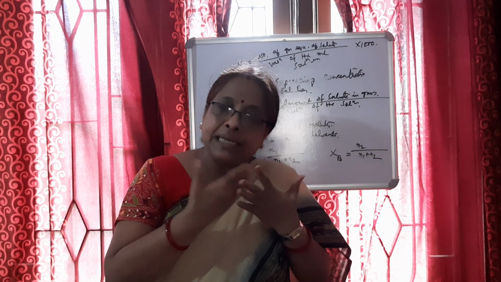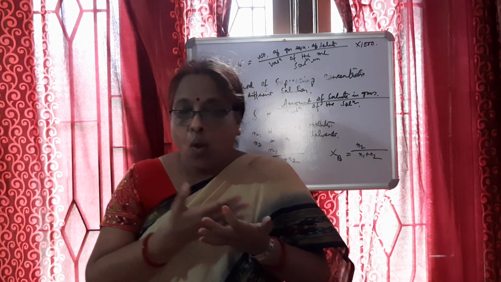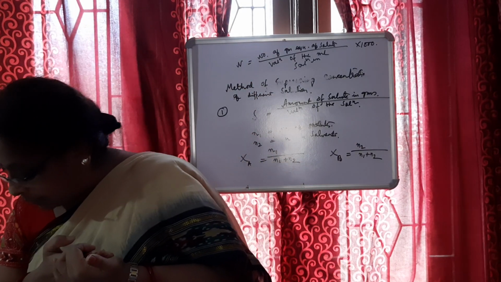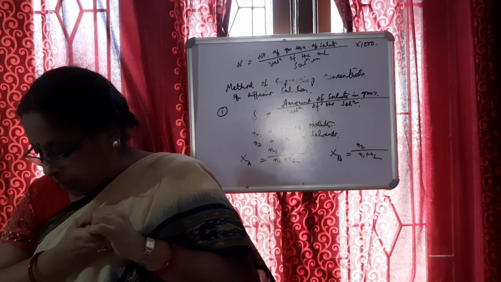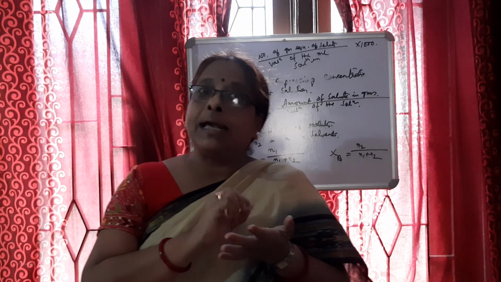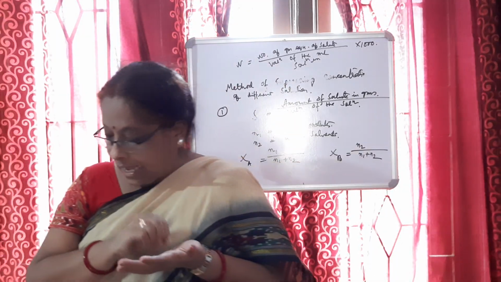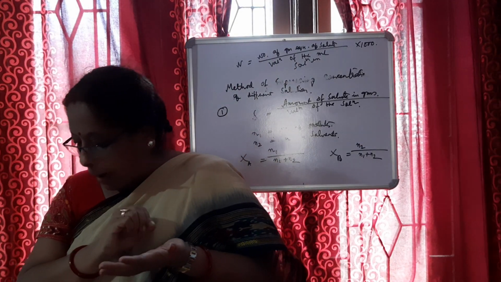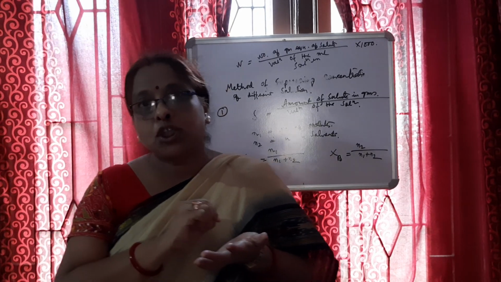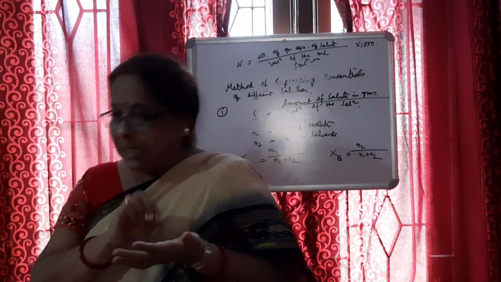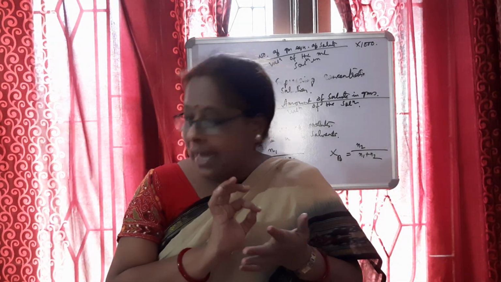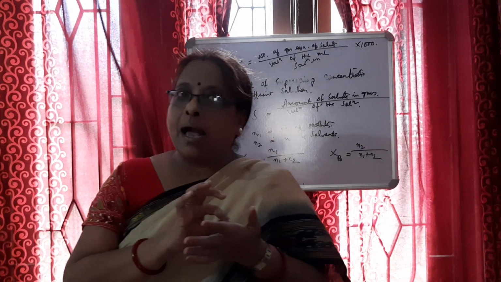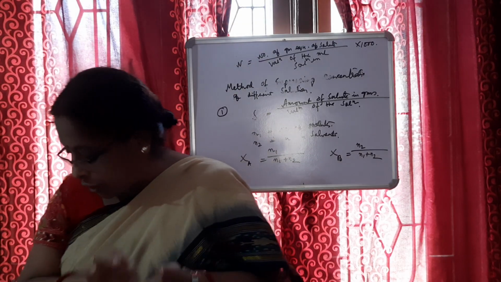So in 1803, William Henry said that the mass of a gas dissolved per unit volume of a solvent is directly proportional to the pressure of the gas in equilibrium at a given temperature.